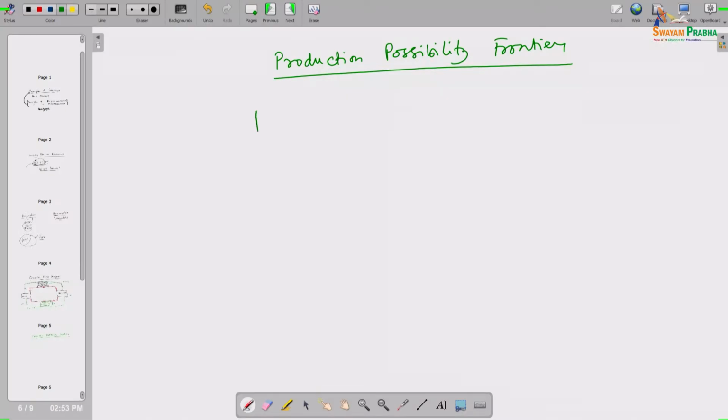Now, what are we drawing with the production possibility frontier? Suppose a society has some vector of resources, and using that it can produce two commodities, say food and cloth, two basic commodities.